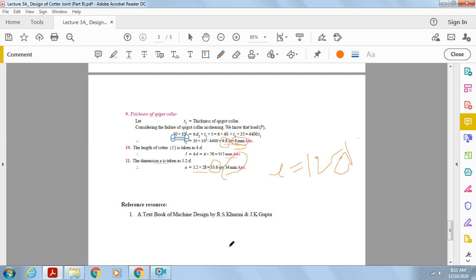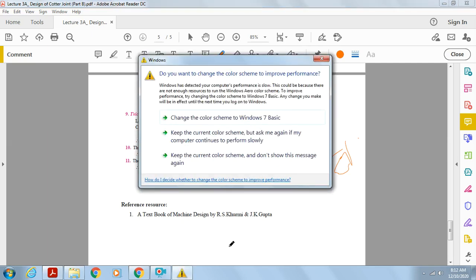As per the dimensions obtained, we have to draw the cotter joint accordingly by means of AutoCAD and also by means of CATIA. Both of these software packages will be used to draw this particular cotter joint.